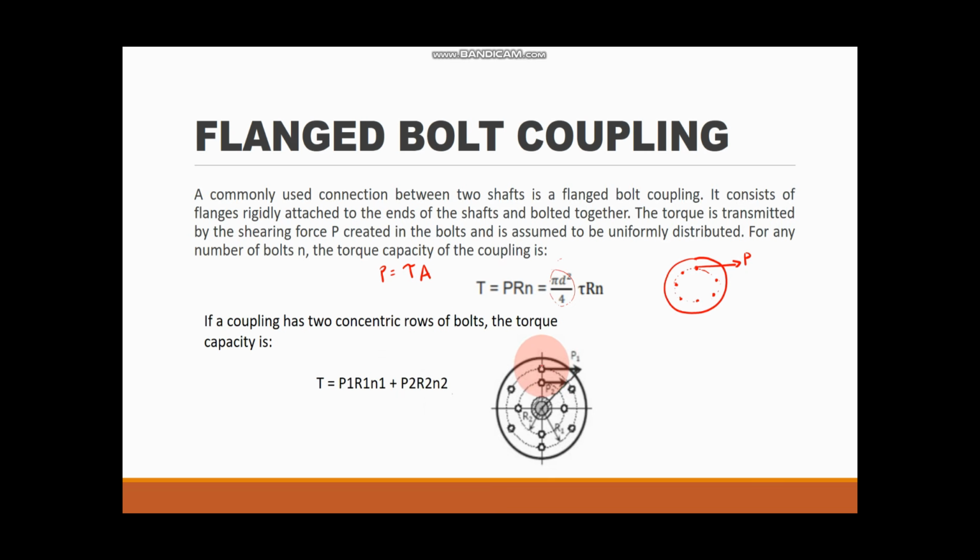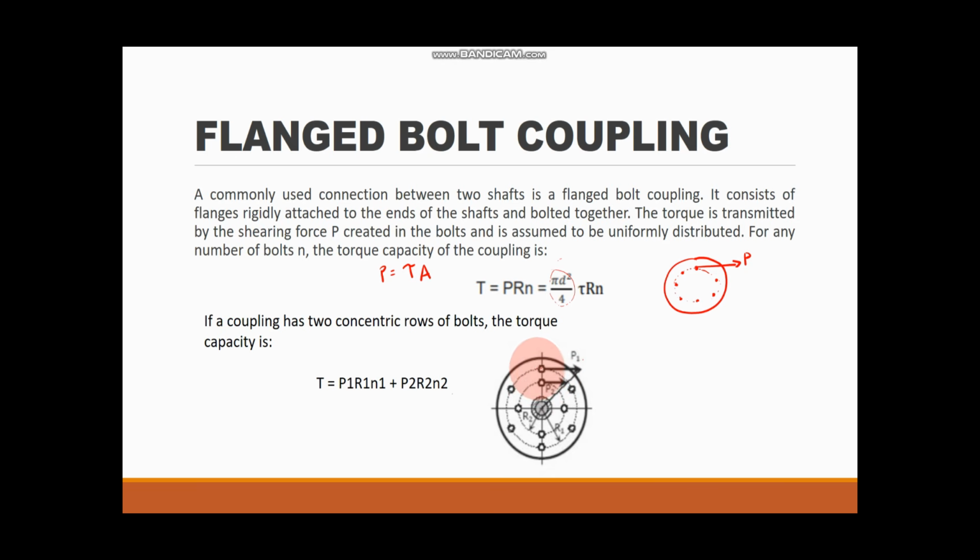So we have two rows of bolts. We have the outer diameter of the bolt circle and an inner diameter of the bolt circle, which is signified by 2. And then the outer is our subscript 1. So for the outer, our force is also acting on the center of the bolt, and then it's tangent to the bolt circle.